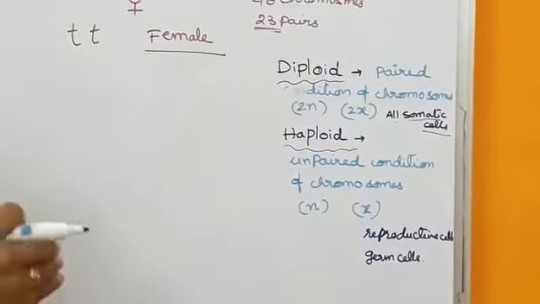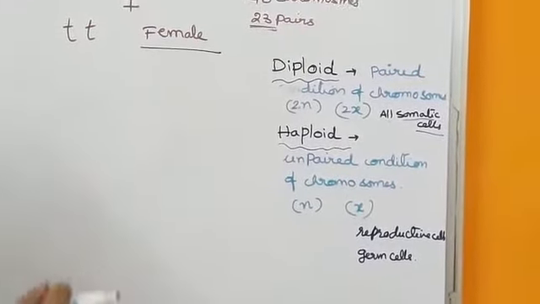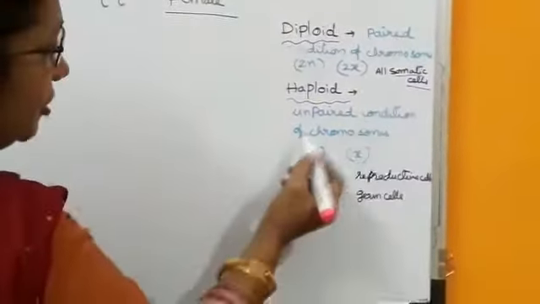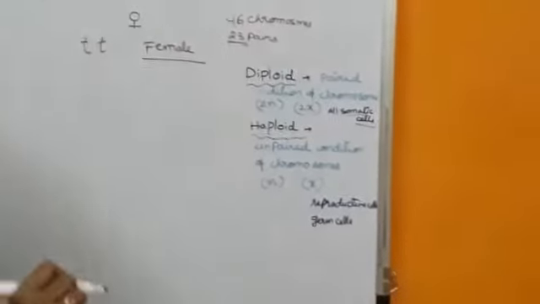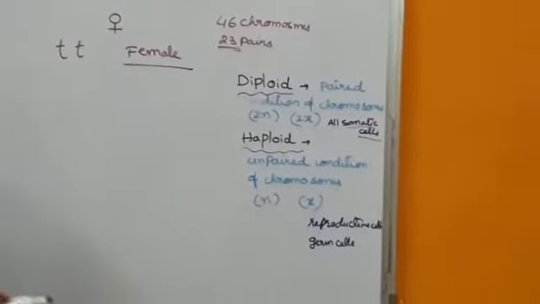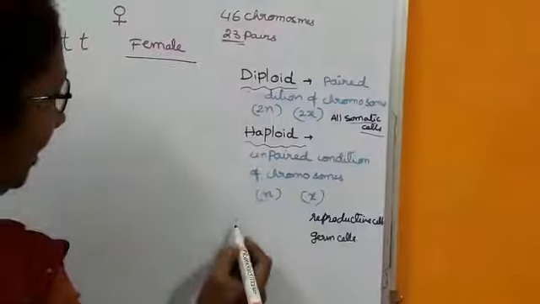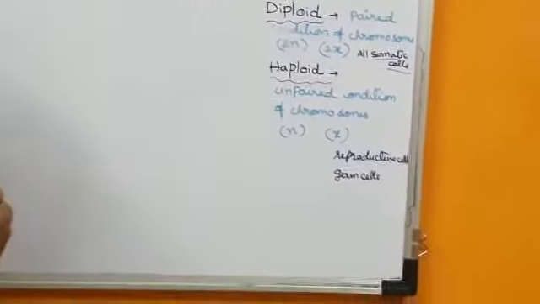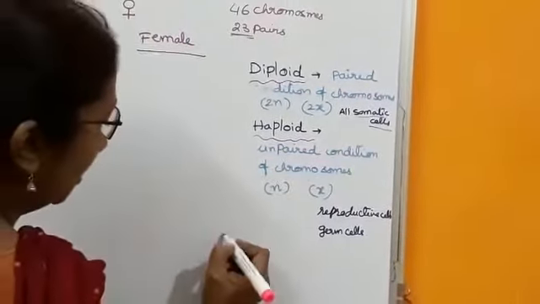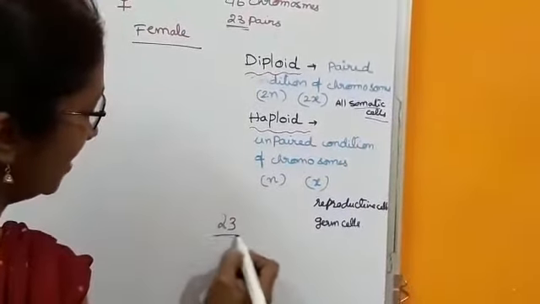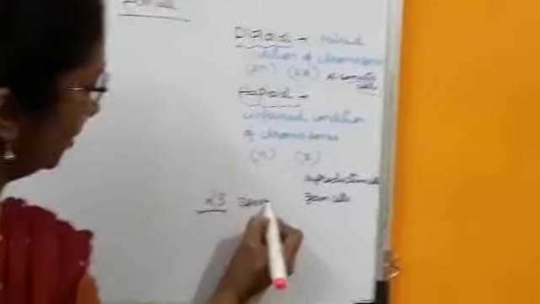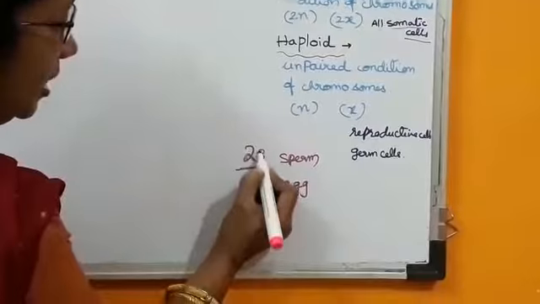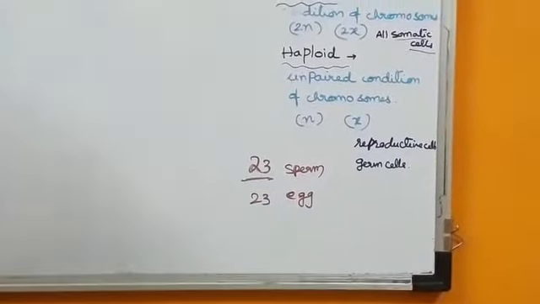Next, in our reproductive organs, meiosis takes place. Meiosis means reduction division. Because of reduction division, the chromosomes become unpaired. The unpaired condition of chromosomes is called haploid. You learnt this in 8th class, and in 10th class in how do organisms reproduce. 23 chromosomes are present in the sperm and 23 chromosomes in the egg.